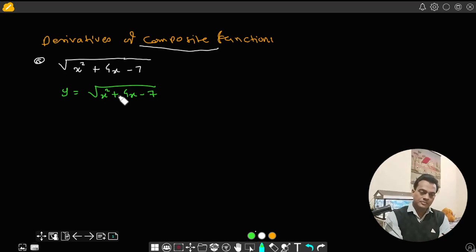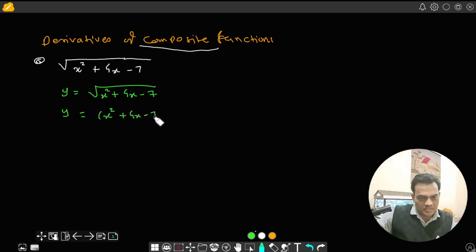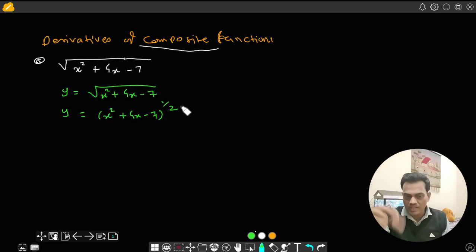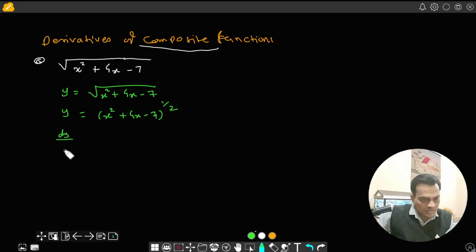So we have to first arrange this y in the form of this quadratic equation, x square plus 4x minus 7, as it is raised to 1 by 2. Either write it as square root or raised to 1 by 2, one and the same. So it looks like the x raised to n formula. So if I take the derivative of this y with respect to x, then the power comes in multiplication and the power is reduced by 1.